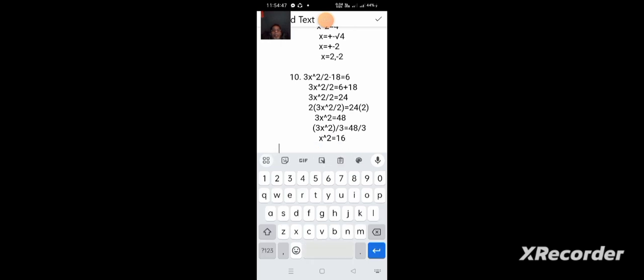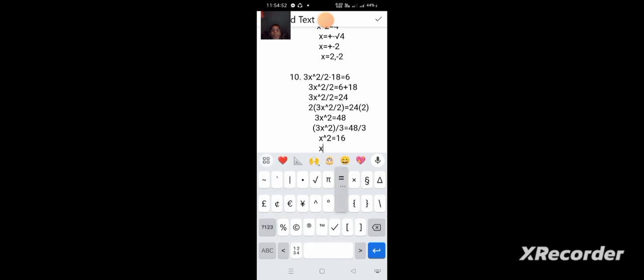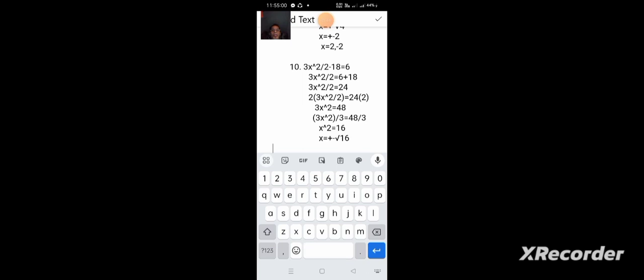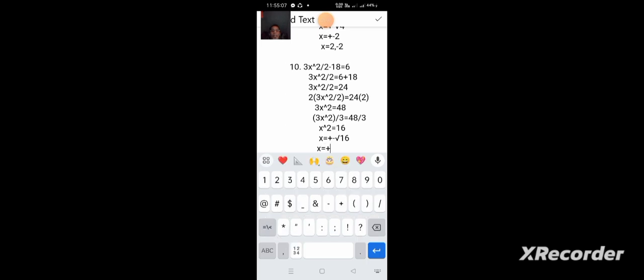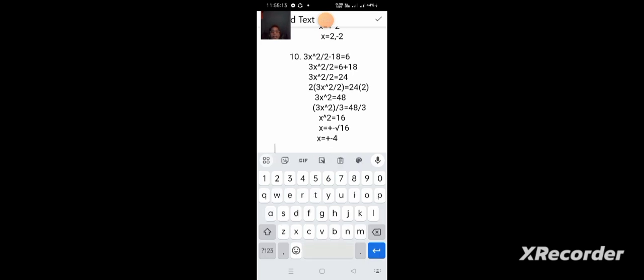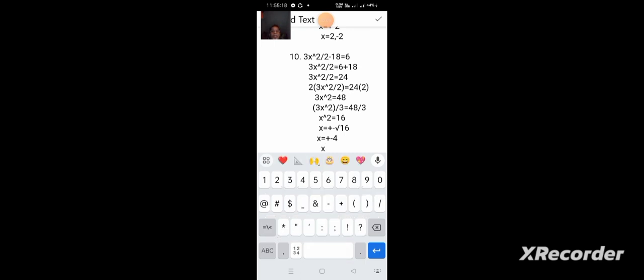Extracting the square root to both sides of the equation, you will have x is equal to plus minus the square root of 16. Now, getting the square root of 16, the equation now becomes x is equal to plus minus 4. Therefore, now, x has the value of 4 and negative 4.